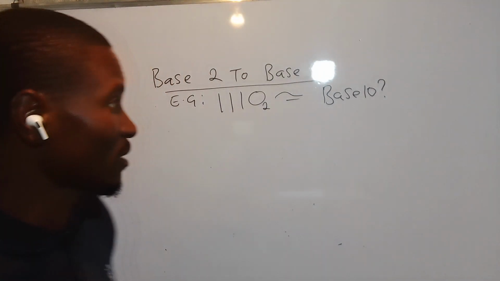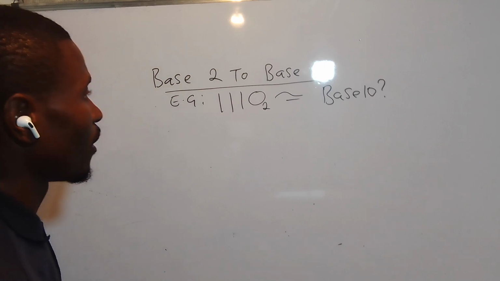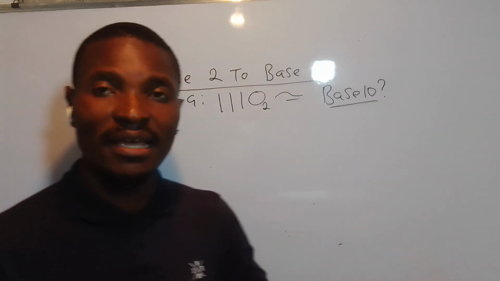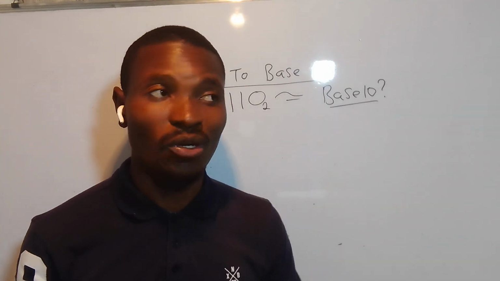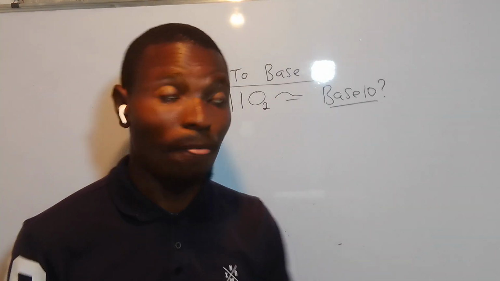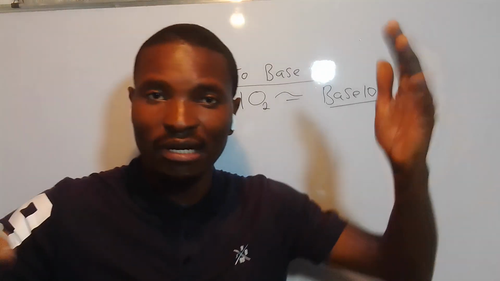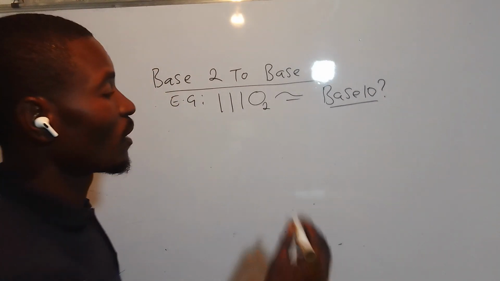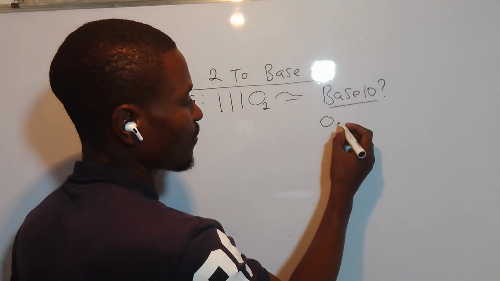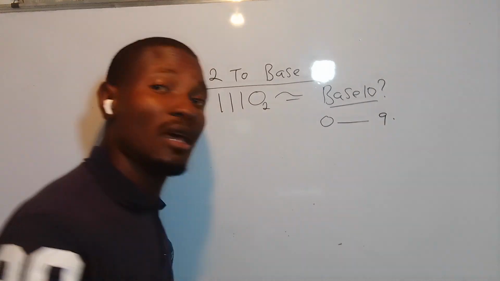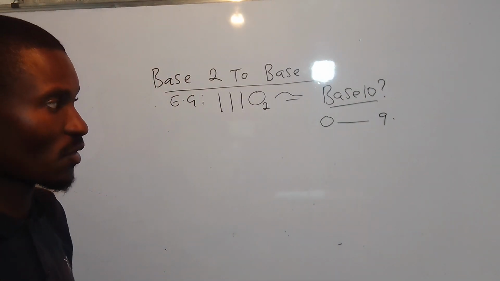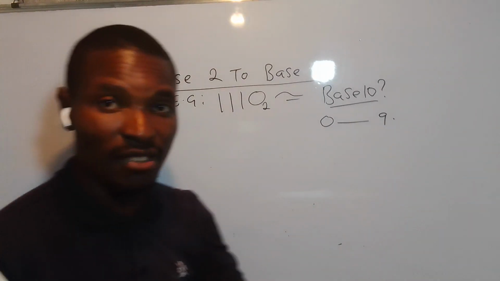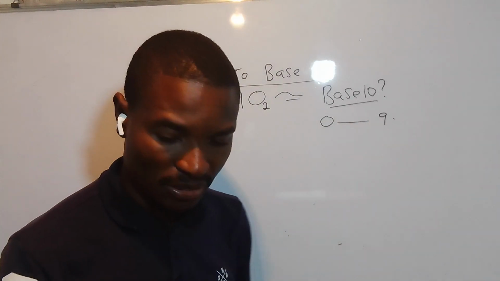So what is going to happen is that you have to figure out that in base 10, there are 10 possibilities, or 10 place values, along that kind of scale. We have place values from 0 to 9, excluding the 10 itself. When you count 0 as 1, up to 9, you get 10 possible values.